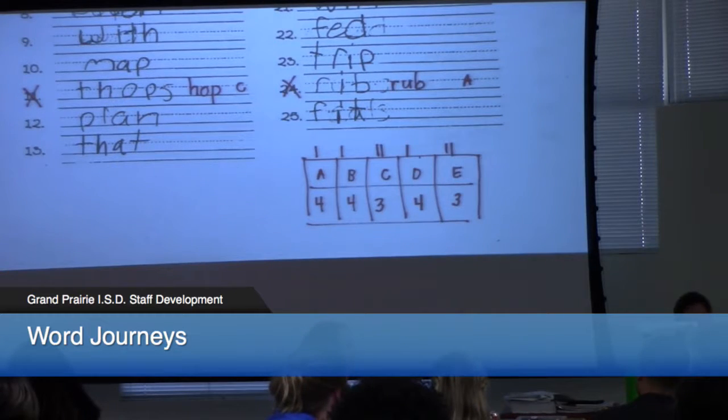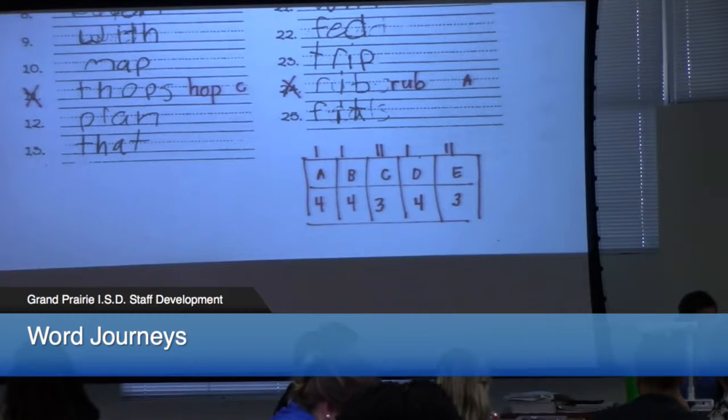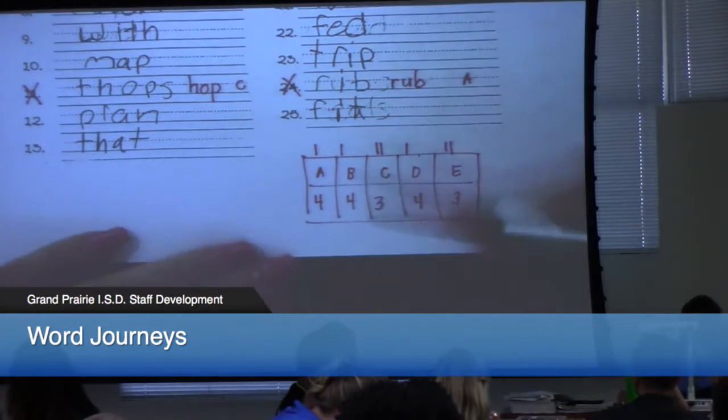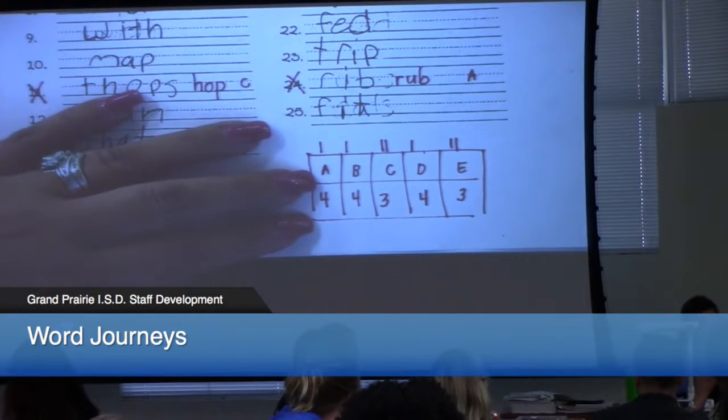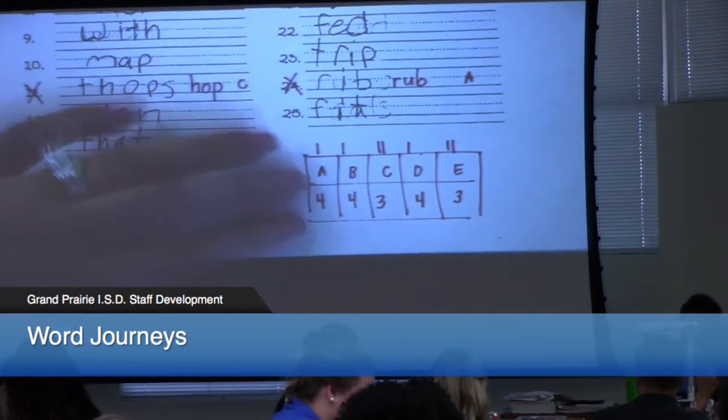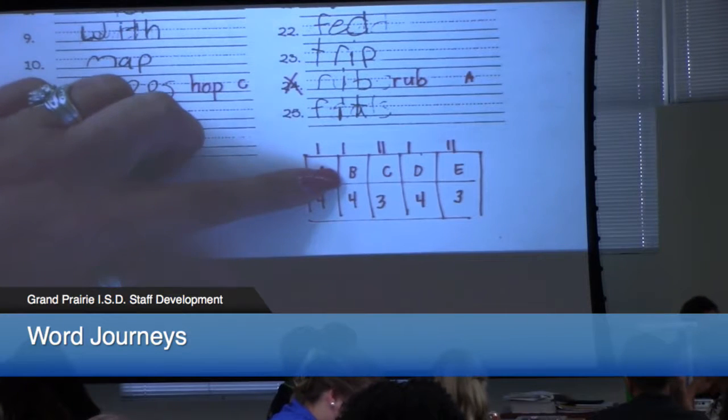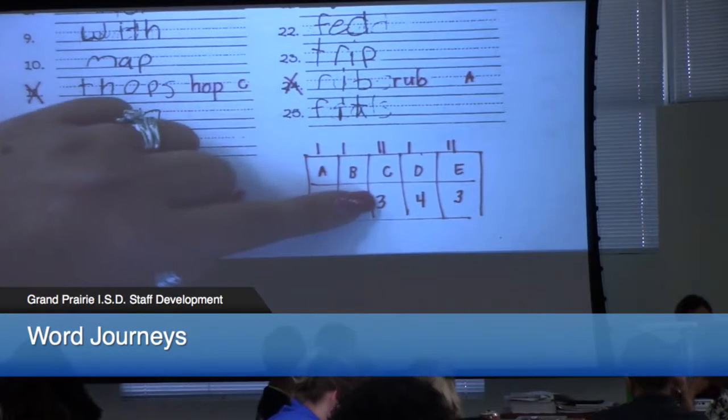So that's our starting point, that a 0, 1, 2, 3 indicates that that's a level that we need to help our kids. But now we have to double check, based now on their errors, whether or not they need help in that pattern. Okay, so if A scored a 4, do I even need to worry about looking at A? No, because it's a 4 or 5. B, do I need to look at that? No. Oh, C, 3. What is pattern C?